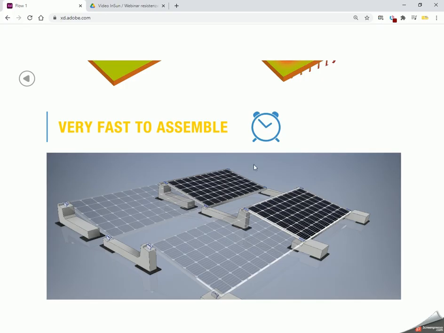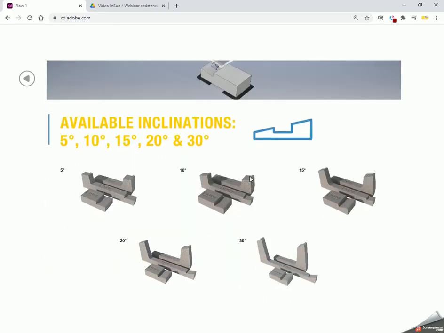Now let's talk about the available inclinations. Erald already anticipated a bit the Connect system's available inclinations by showing them in Sun and the product catalog. Specifically, we have several inclinations, and I want to remind you of them, starting from the smallest one: 5 degrees, 10 degrees, 15, 20, and 30 degrees.